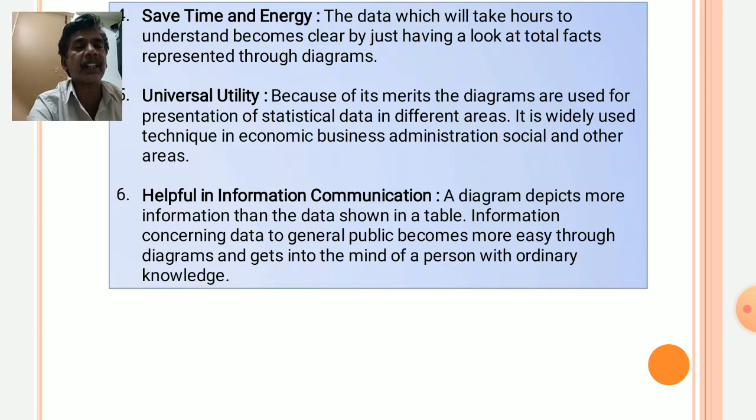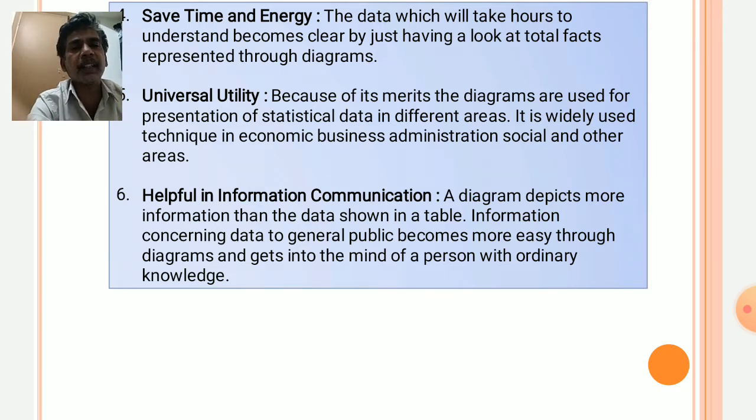In different areas, we can use this statistical tool, diagrams, to understand easily, and for taking the necessary decisions and framing various policies. It is a widely used technique in economics, business administration, social and other areas. Therefore it has universal applicability and universal utility.